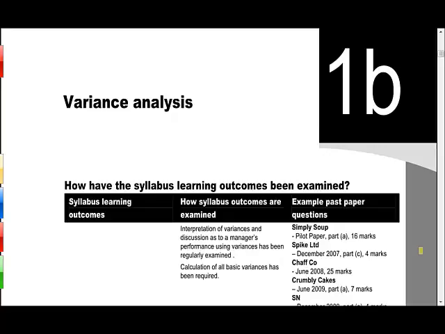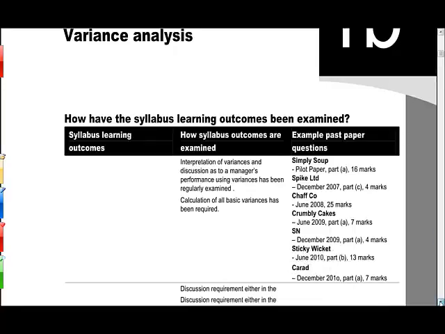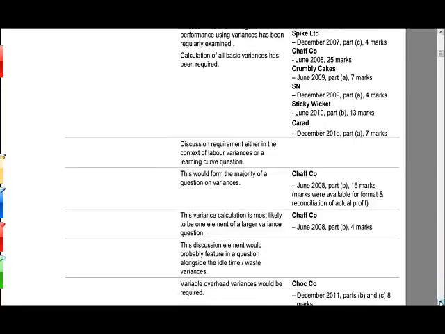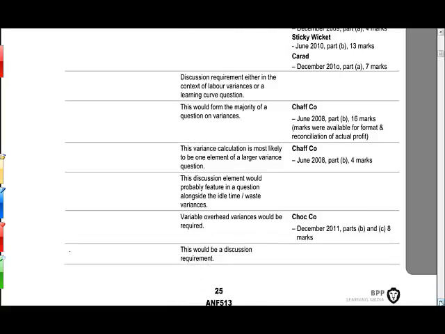Because this was introduced as assumed knowledge from January 2013, you'll see that we've got lots of example past paper questions here without a syllabus outcome next to them. That's because prior to this they were included in the syllabus.